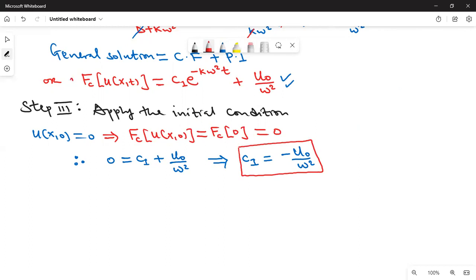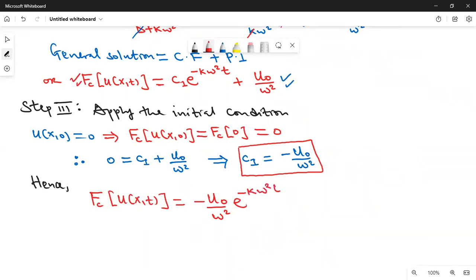So let me replace it in that equation, this one. So you can just say that hence the Fourier cosine transform of u of x,t should now be equal to negative u naught over omega squared times exponential negative k omega squared t, added to u naught over omega squared.